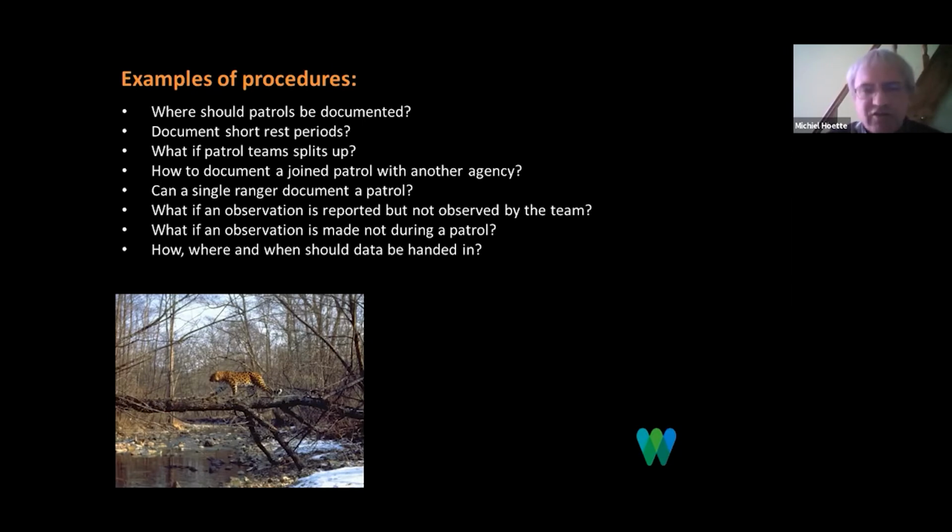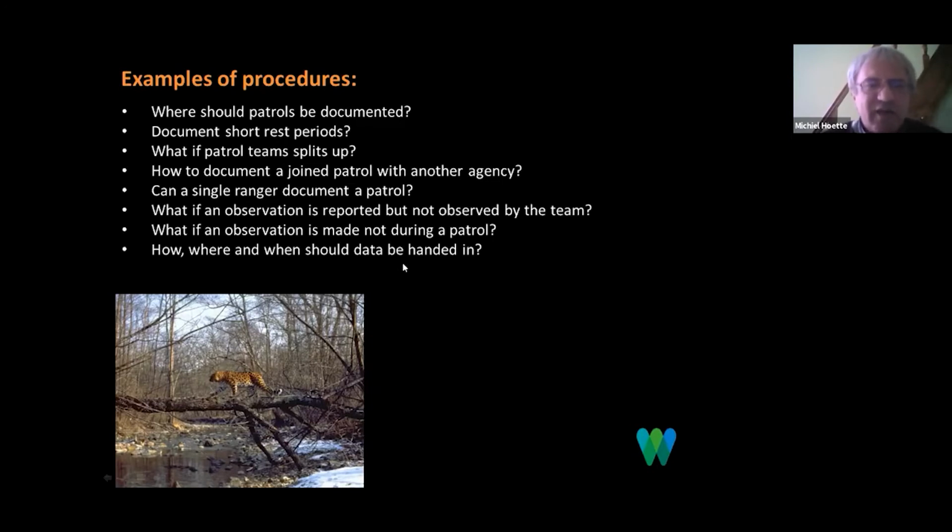And if you're not working with SMART Connect, there should be defined procedures on how to hand in your data. There should be maybe a specific day for that, or some kind of system so that the protection manager and the data operator are at the office at that moment, so they can do patrol debriefing.